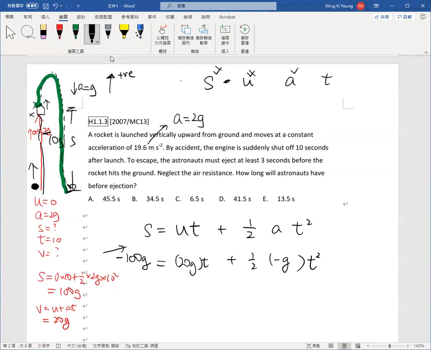For the time you get two solutions. One is a negative value, but you need to reject that solution. The other one is a positive value. I'm not sure what we will get, so let me check on my calculator.